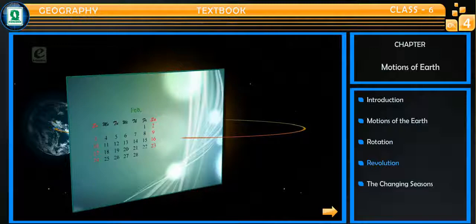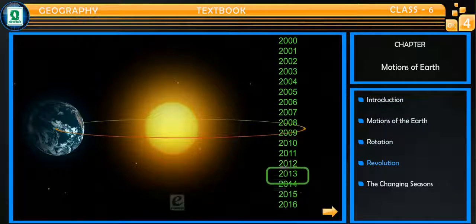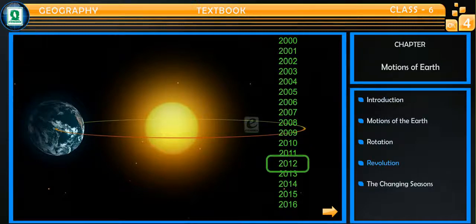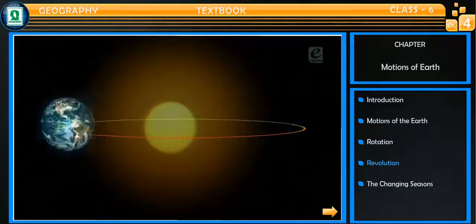In the leap year, the additional day is added in the month of February. The year 2008 was a leap year. Can you tell which leap year will follow 2008? It will be 2012.